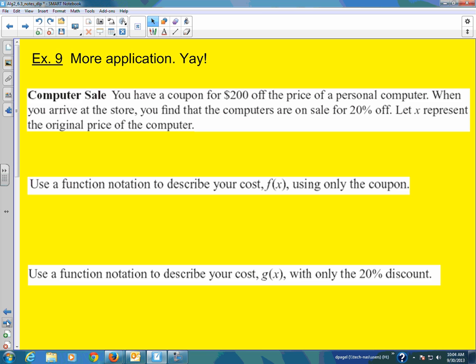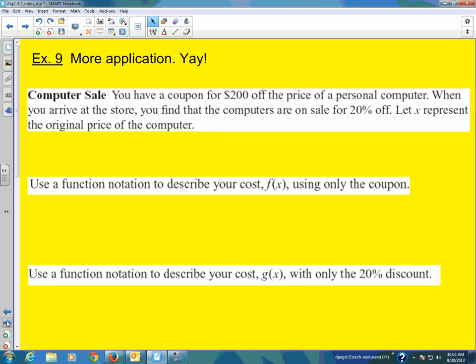Use a function notation to describe your cost f of x using only the coupon. So you're fortunate enough that this store allows you to use your coupon of $200 off, and you've got a sale price going on, which is good for you. Which combination might give you the better deal?